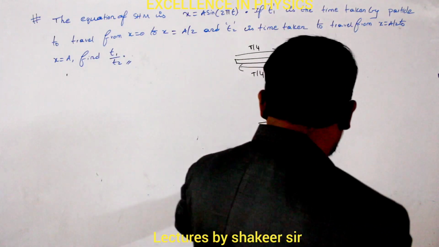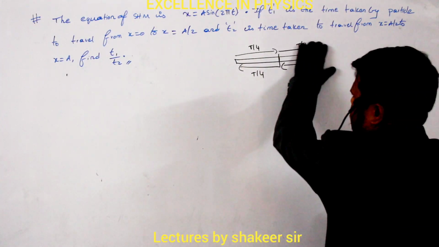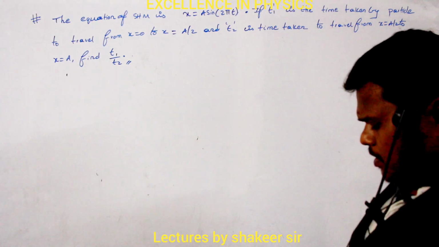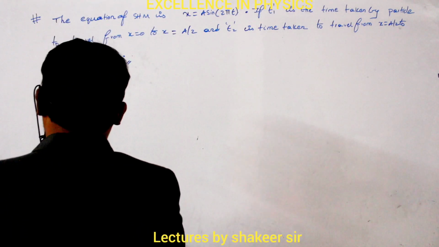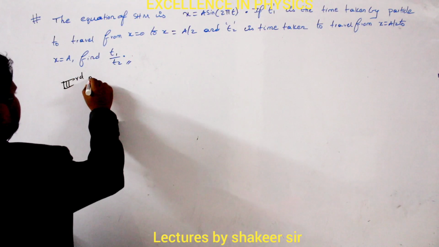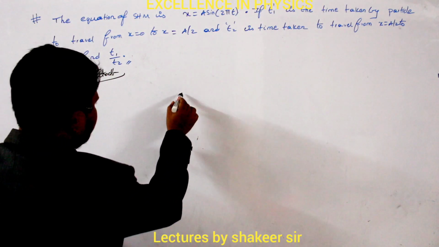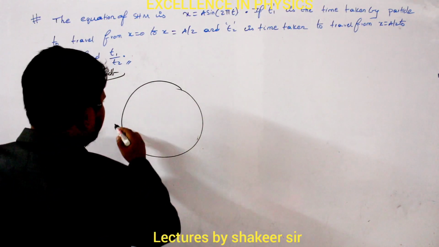Clear? So now the particle is traveling from where to where? It is traveling from 0 to A by 2 and from A by 2 to A. So in the third method, that is comparing SHM with circular motion, what can I write?